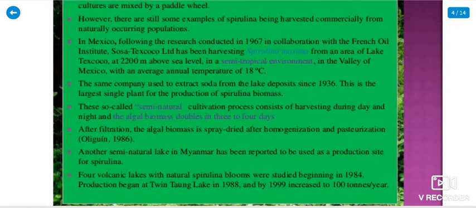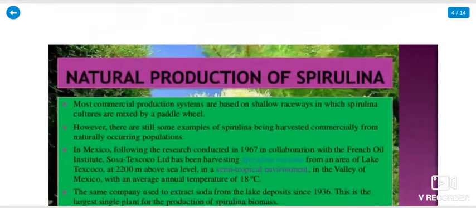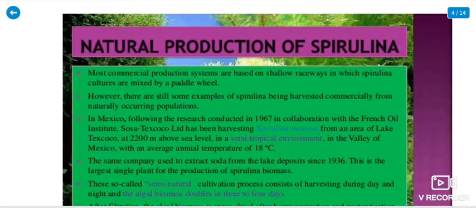Another semi-natural lake in Myanmar has been reported to be used for the production of spirulina. Four volcanic lakes with natural spirulina blooms were studied beginning in 1984. Production began in 1988, and by 1999 increased to 100 tons per year. These are all the natural production of the spirulina.